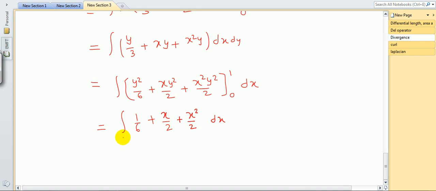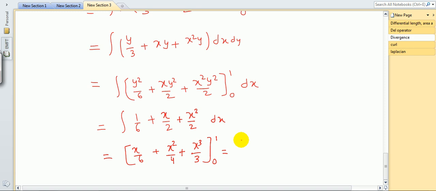Now I will solve for this. It will be x by 6 plus x square by 4 plus x cube by 3 after integrating, and the values are 0 to 1.